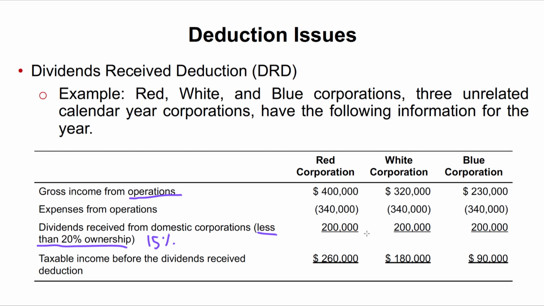That means for all of these, they all are going to have the 50% applicable percentage. Whether you're doing rule 1 or 2, all of them are 50%, right? Because it's between 0 and less than 20%, 50%, equal to 20% and less than 80%, 65%, and then 80% or more, boom, you got it, 100%. So we have 50%. That's what we're going to use for step 1 and step 2.